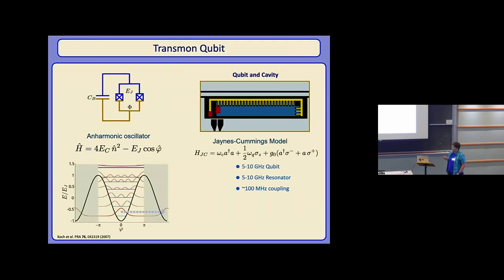What that means is that our fundamental building block starts from a Jaynes-Cummings model: a harmonic oscillator for the cavity, a spin 1/2 for the qubit, and a resonant exchange coupling between them. This is the same Hamiltonian that you would see in atomic QED, just with a big difference in energy scales.